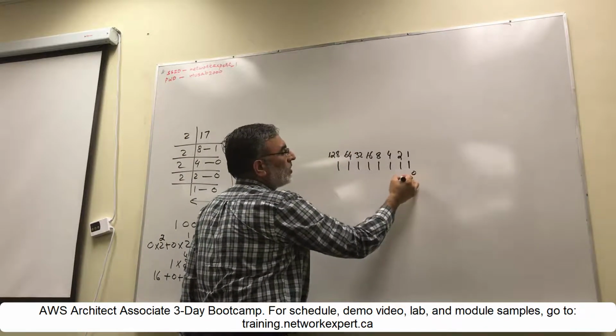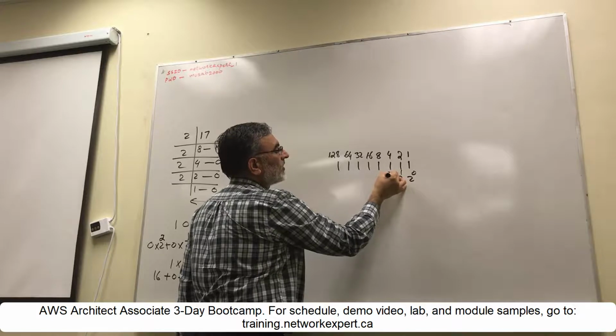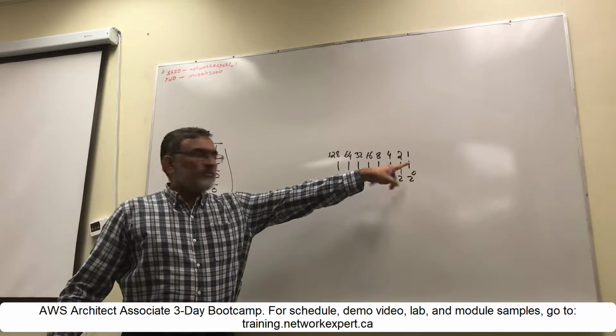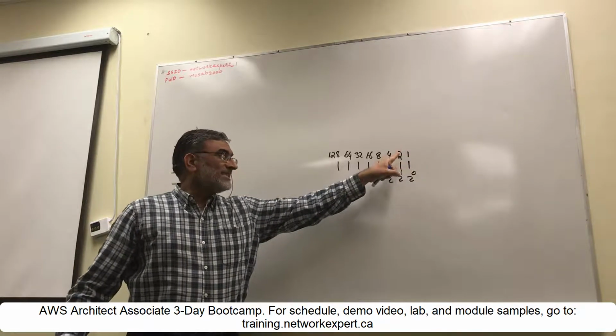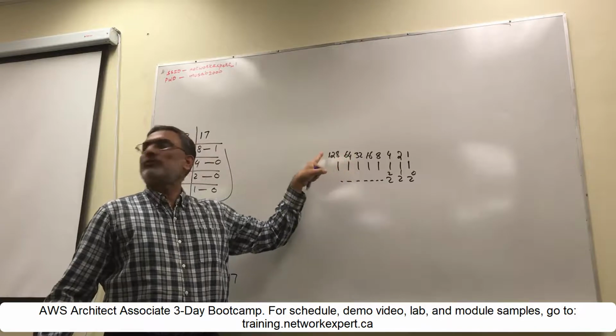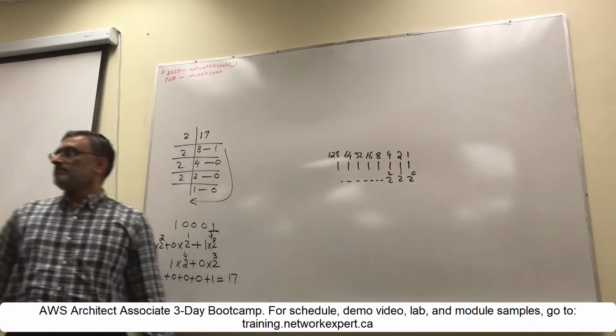So 2 raised to power 0, 2 raised to power 1, 2 raised to power 2, and so on. So the 8 bits will carry the weight. The first bit is 1, the second is 2, then 4, 8, 16, 32, 64, and 128.